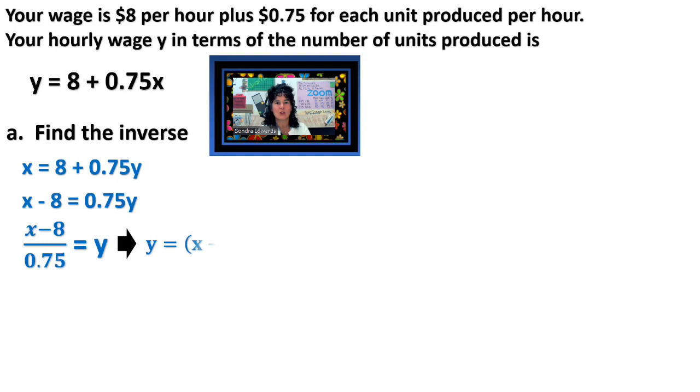I'm just going to rewrite divide by 0.75 with a division symbol, and dividing by 75 over 100, that's the same thing as dividing by 3/4. Dividing by 3/4 is like multiplying by 4 over 3. So if I multiply x minus 8 over 1 times 4 over 3, multiplying straight across, I end up getting 4x minus 32 over 3. All right, here we have our inverse function in simplified form, looking good here.